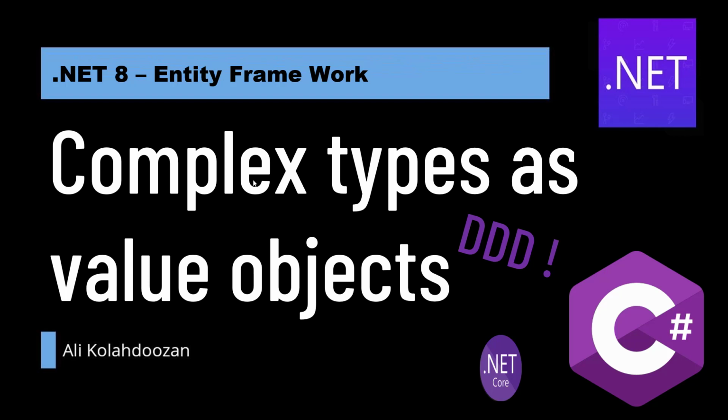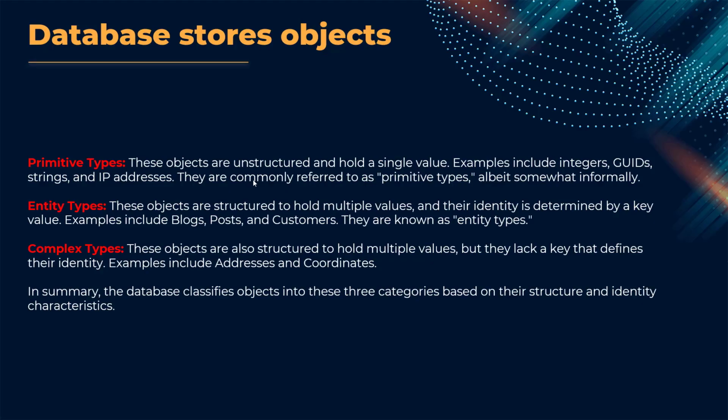Let's have a look at all the types that we can deal with. Primitive types, something like a GUID, a string, such things. Entity types, like what we could define as a class, for example, posts, blogs, customers, and then use that class and entity inside other entities.